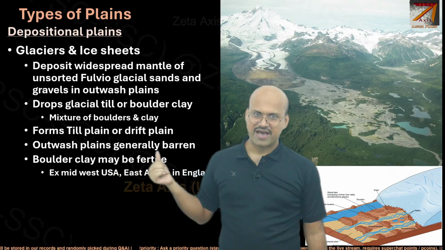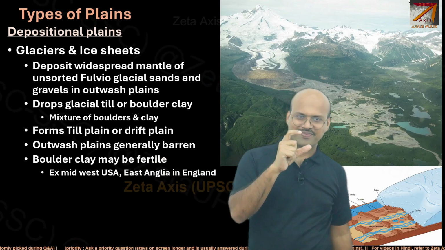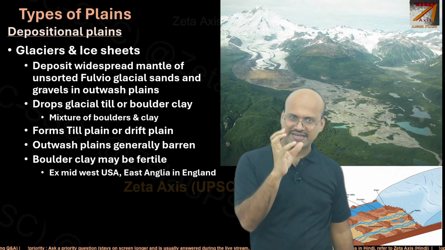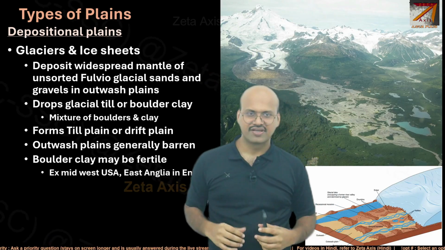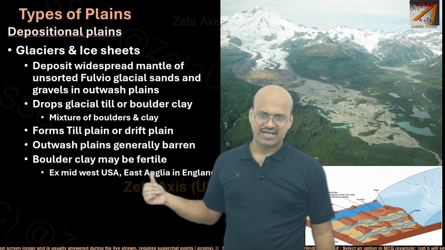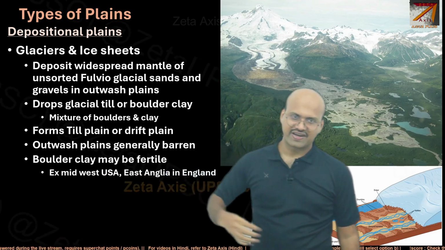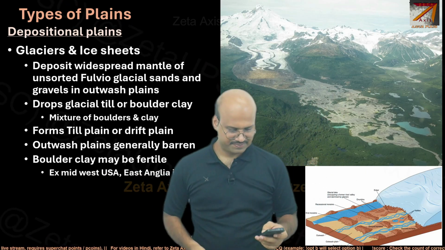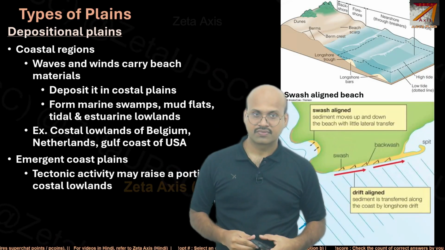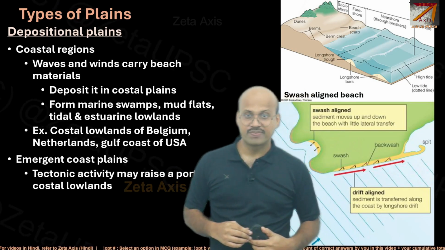Outwash plains are generally barren, because the depositions are rock fragments and not fine clays. Because of this mixture, it is difficult for vegetation to grow. Boulder clay may be fertile at some regions, depending on the source of those depositions as well as the environment.